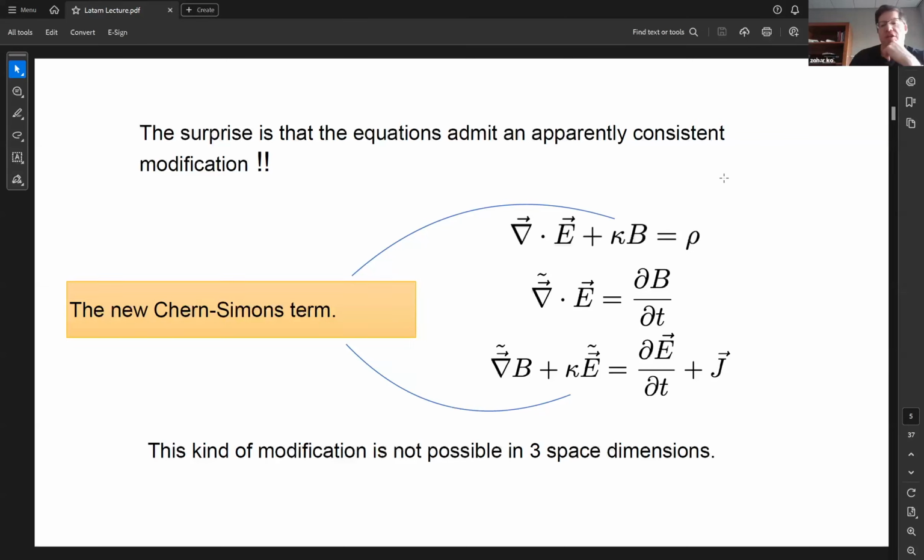So this modification here is much more dramatic because it really influences the propagation of waves at very low frequency and large wavelength and across long distances. So it's a very dramatic modification. So to be precise, you could say that in 3+1 dimensions, there are no dramatic modifications, only modifications that don't influence the long distance theory. While here, there is a modification that influences the long distance theory. Is that okay? Yes, thank you.